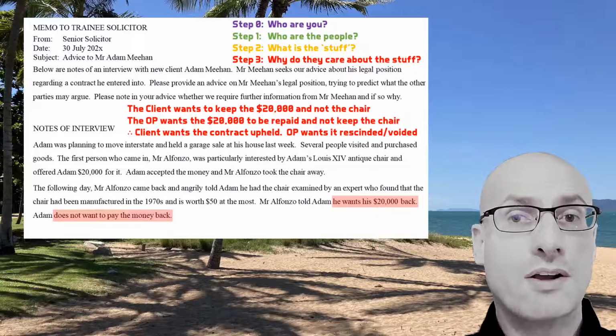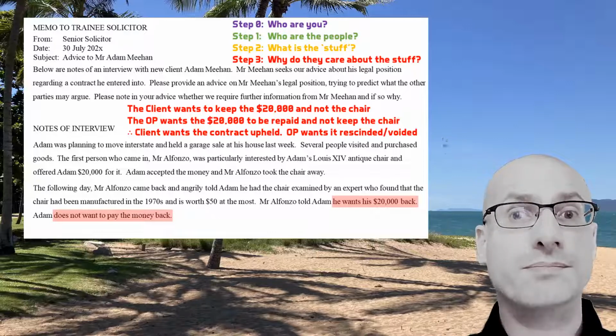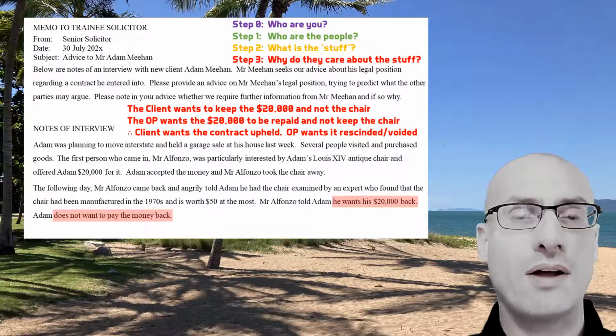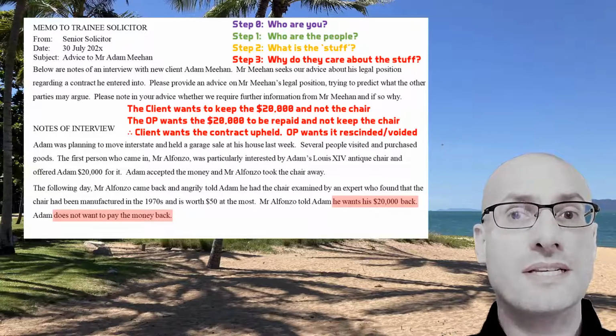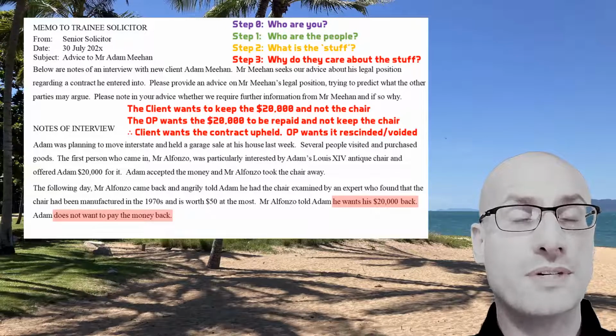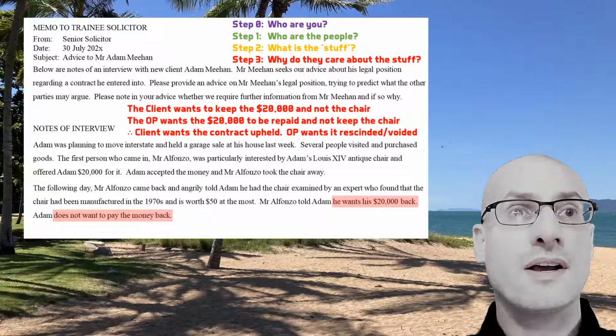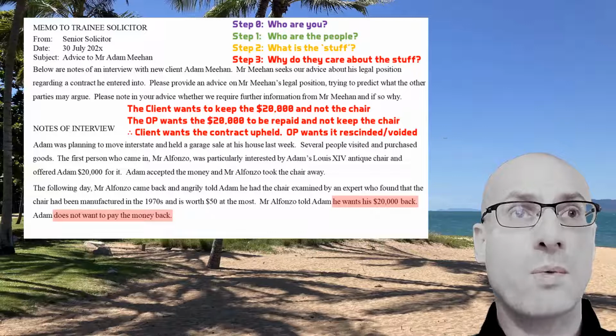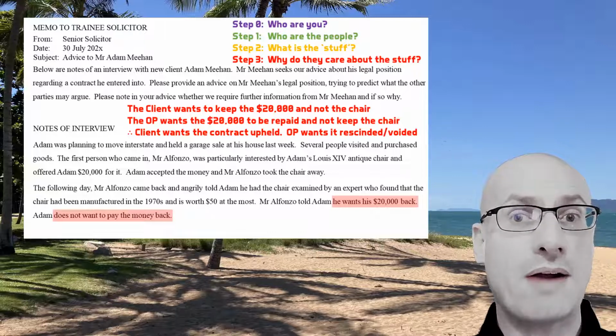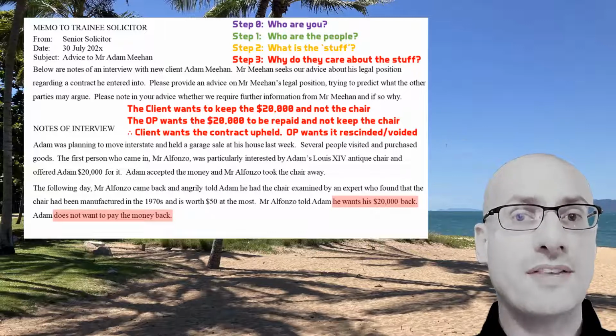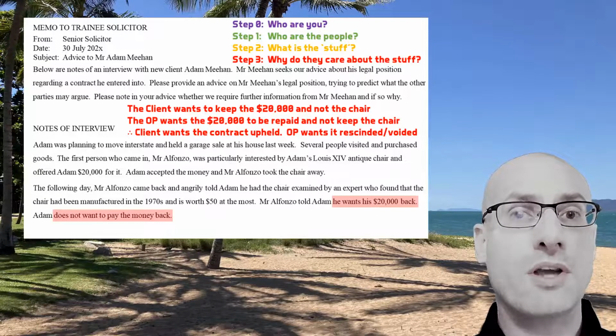In regards to the contract, the way that we would express this in step 3, moving into step 4, is to state this in slightly more technical legal language that our client wants the contract to be upheld, the apparent contract, whereas the other side, the OP, wants the contract to be undone in some way.